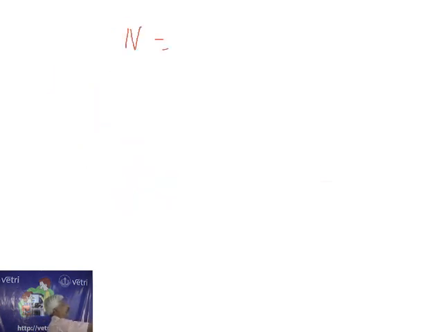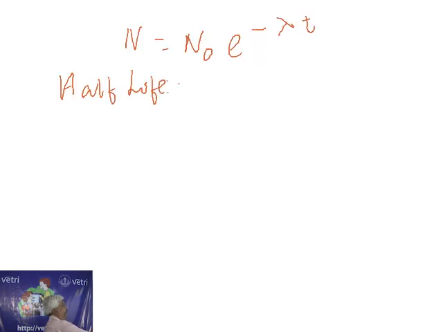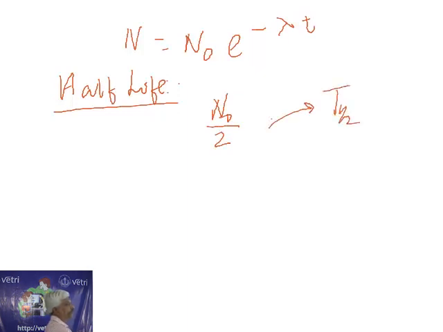We know N is equal to N naught e power minus lambda t. So just now I explained what is half-life. Half-life is defined as the time taken to reduce exactly half of its original value. So the total number of atoms is N naught; the time taken to reduce to exactly half, that means N naught by 2, is called half-life, capital T half.